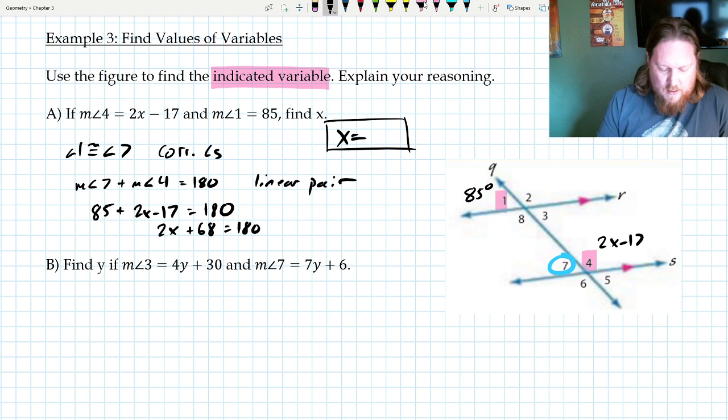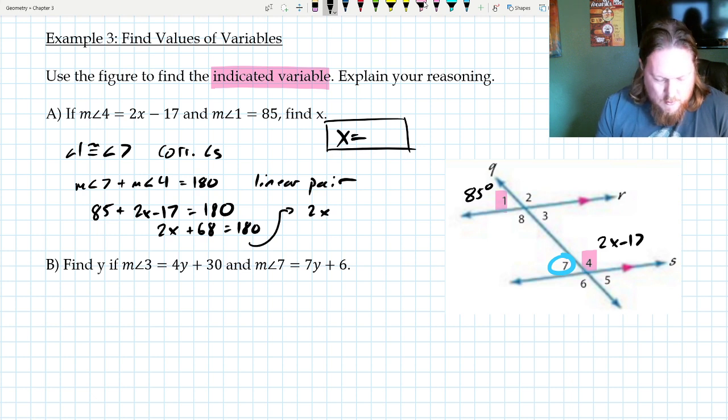I subtract 68 from both sides, and I get, I'll write it over here, 2x equals 112. Divide both sides by 2, I get x equals 56.